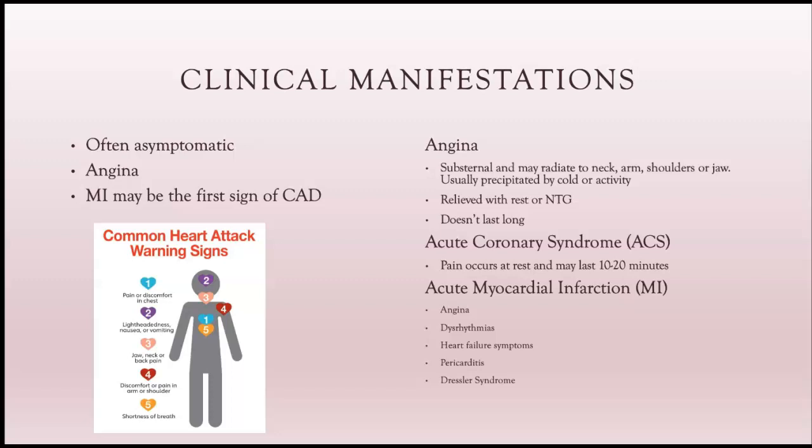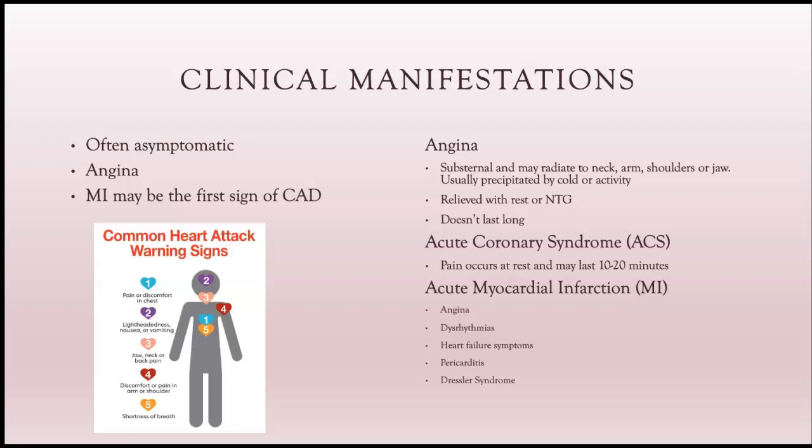This means they have developed decreased perfusion overall of the heart. Acute myocardial infarction means now there's part of that heart muscle that is not getting the blood flow that it needs. We're going to end up seeing some tissue death if we don't react quickly. And the symptoms of an MI are angina, dysrhythmias, heart failure symptoms, pericarditis, and Dressler syndrome.